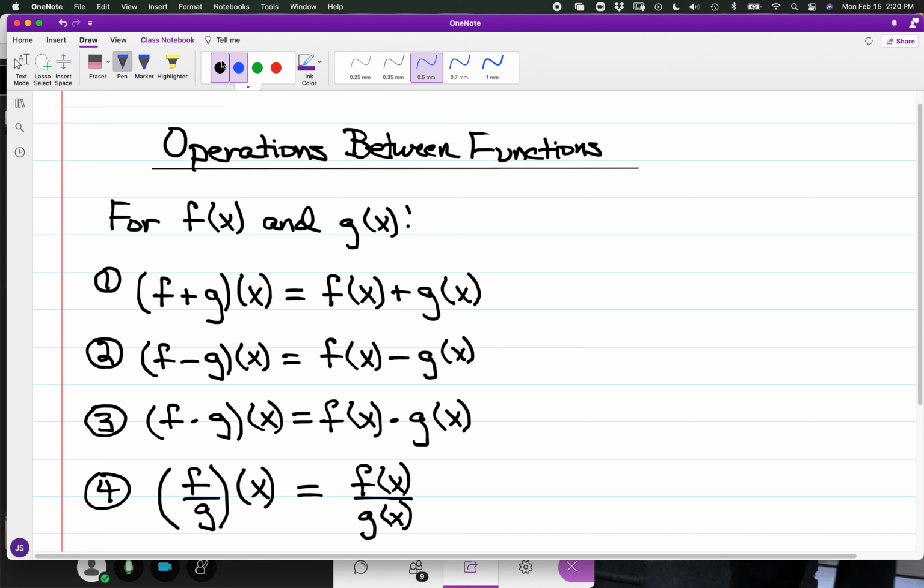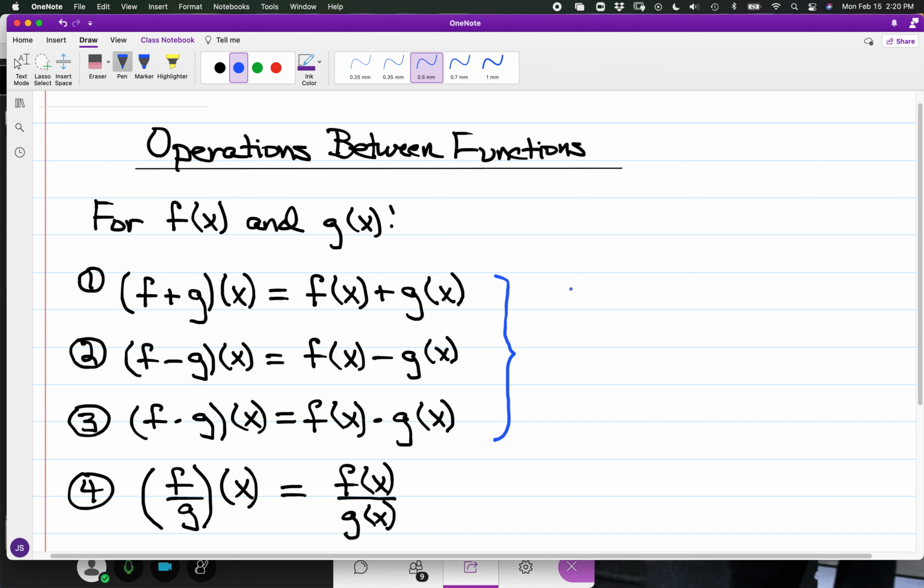And again, when we looked at functions, we had also looked into domain, and now for the operations between functions.